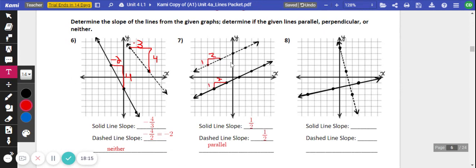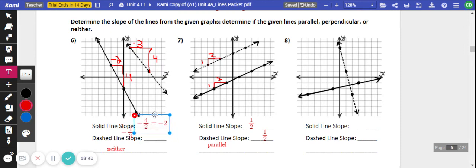All right, so for question number 7, when I created my slope triangles, I saw something different happen. And I ended up getting the same numbers for the top dotted line and the bottom solid line. I just noticed that I mixed these two up.